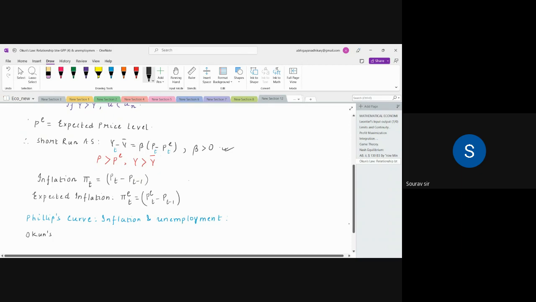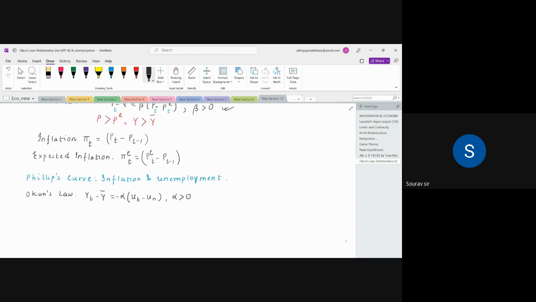What was Okun's law? Yt minus y bar equals alpha times ut minus un, alpha positive, and this one, aggregate supply: yt minus y bar equals beta times pt minus price expected in period t, where beta is positive.